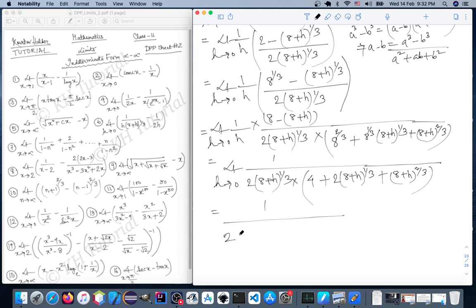So 2 into 1 by 3, 2, 4 plus 2 into 2. Over here we get 8 to the power 2 by 3, which is 4.